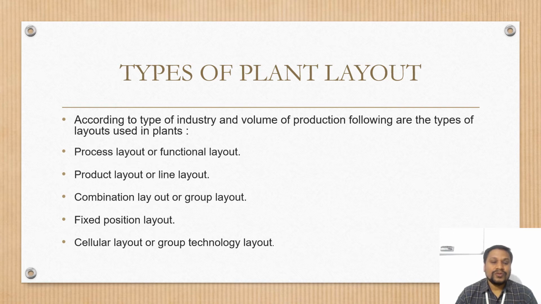First is the process layout or functional layout, next is the product layout or line layout, next is the combination layout or group layout, then fixed position layout, and last is the cellular layout or group technology layout.